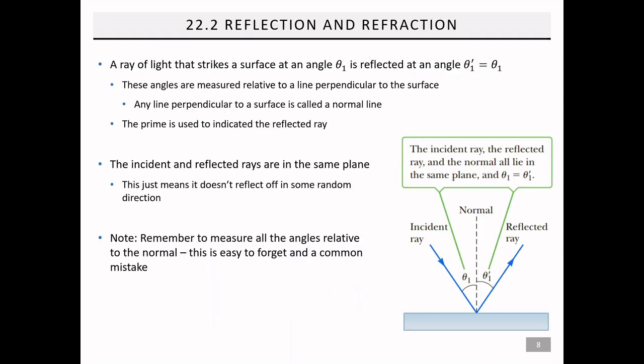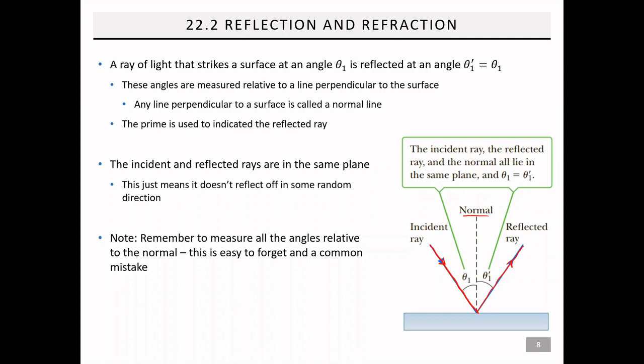On this slide, we talk about reflection. Let's first look at the picture in the bottom right corner. You start with an incident ray of light approaching this reflective surface. The light hits the surface and reflects off. After it reflects, we call it a reflected ray. So you have the incident ray and the reflected ray. You have this line in the middle called the normal line.